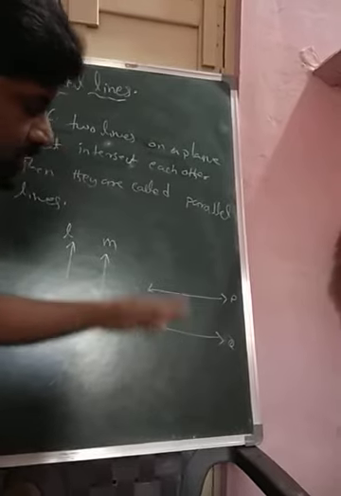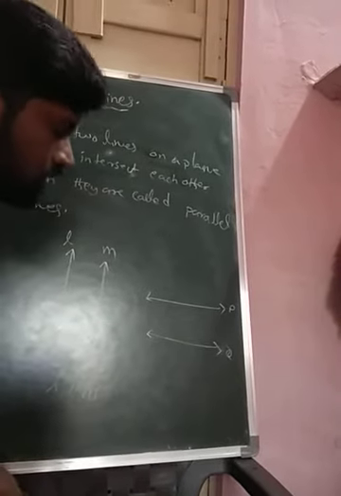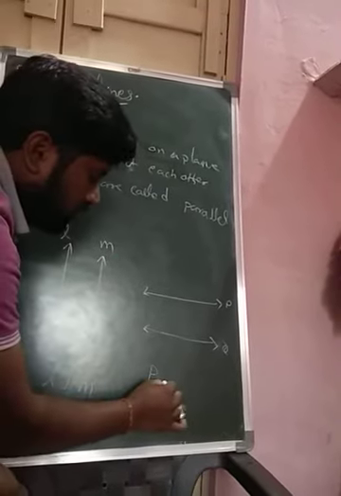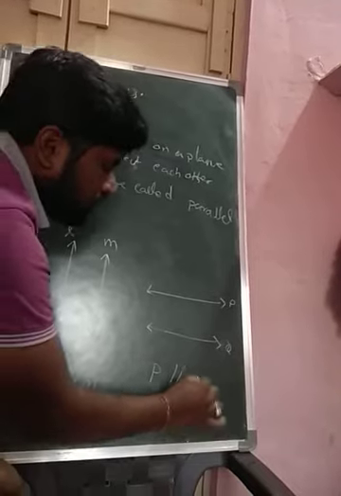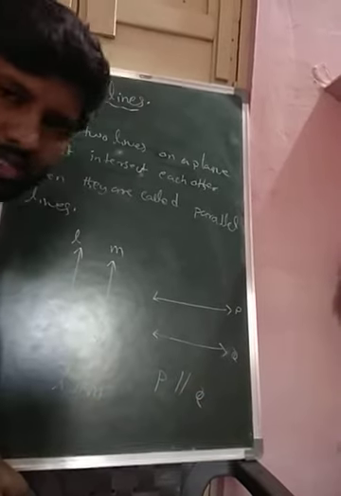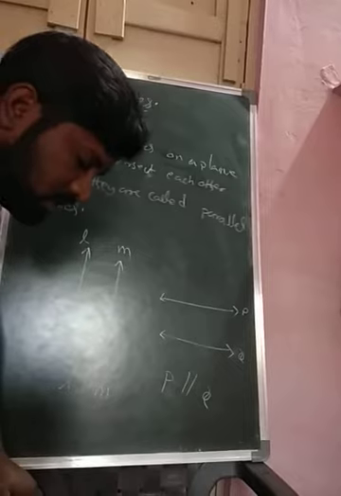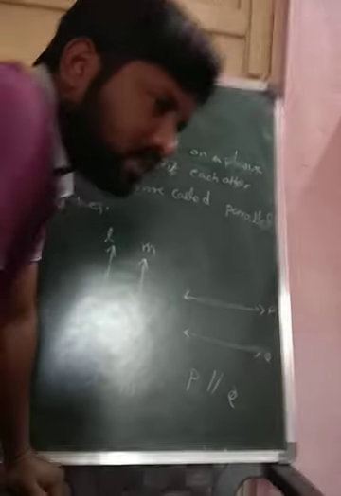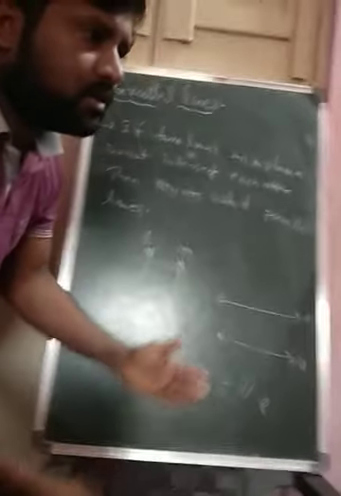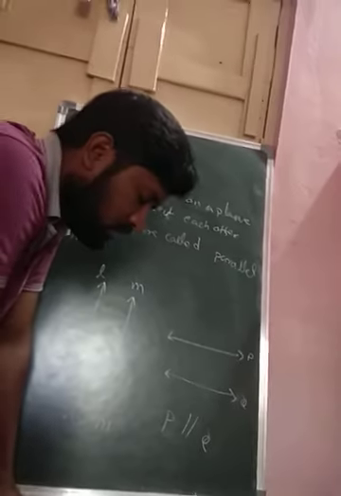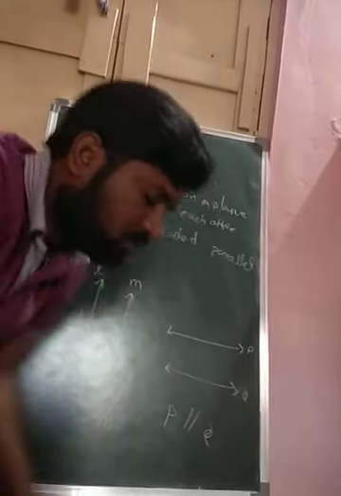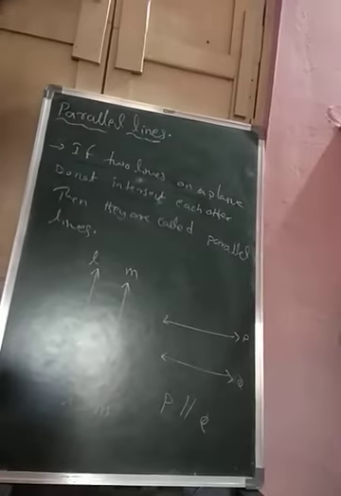No. So we can say these two are also parallel lines. So P is parallel to Q. Okay, students, now see railway tracks. They do not intersect each other. That is the general example.